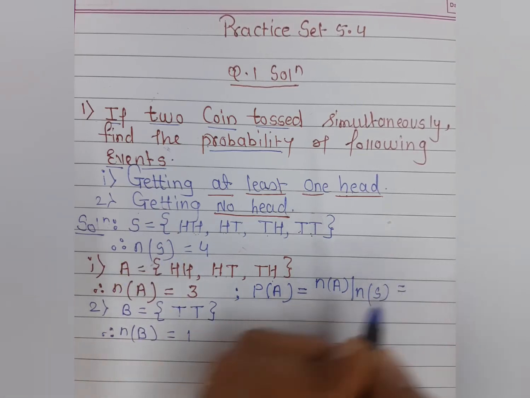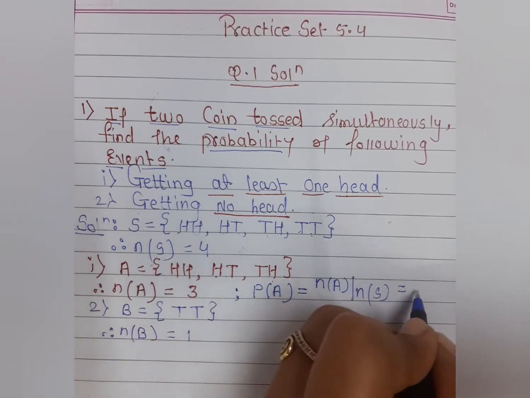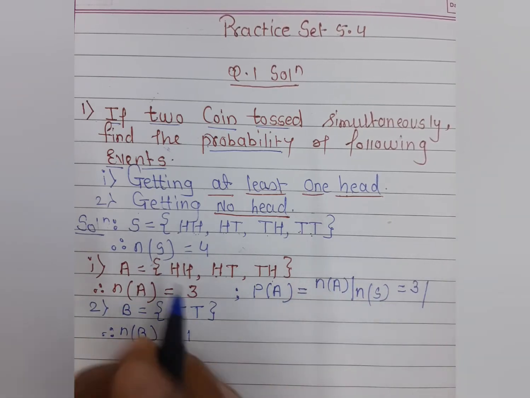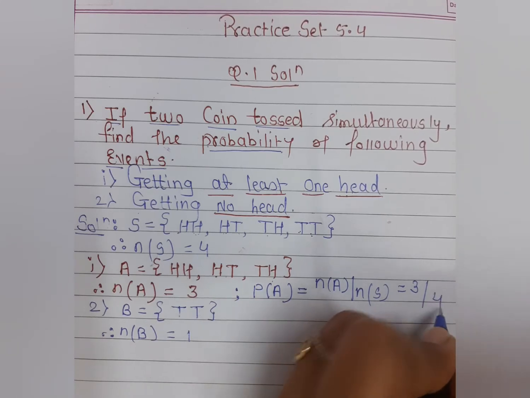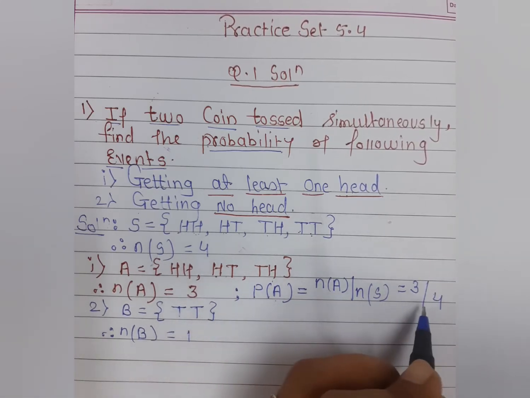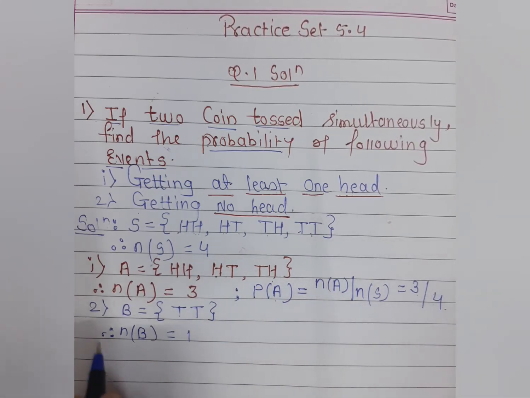So here we have the condition N of A, that is 3, and N of S, that is 4. So here we have P of A, that is 3 by 4. Let us move on to the next condition.